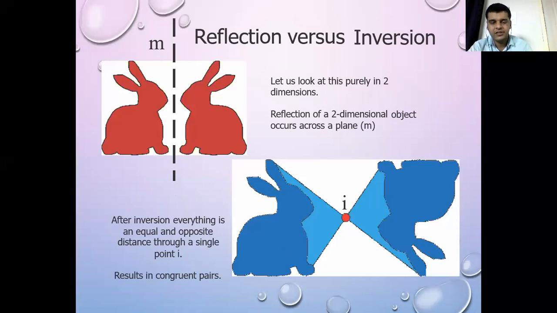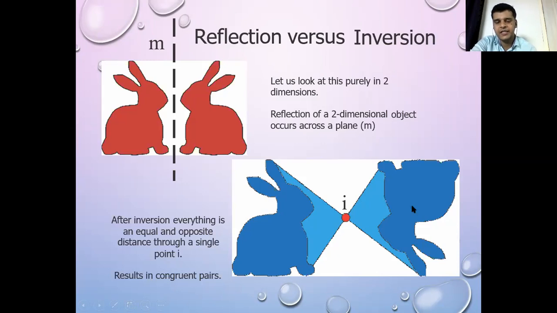Then also there is one more operation, inversion. What is the difference between reflection and inversion? Take any image. For example, here a rabbit is there. The first one is the mirror image reflection, and the next one is the inversion.